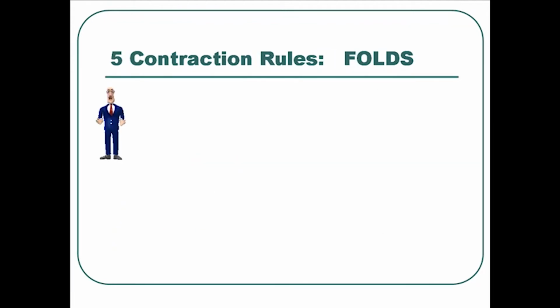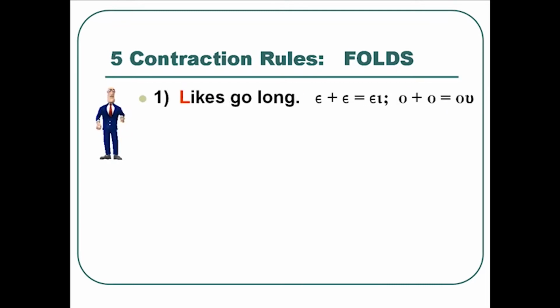And here are the 5 folds contraction rule. Rule number 1, the L, likes go long, except when you've got double E goes to an A diphthong, or double omicron goes to an U diphthong.